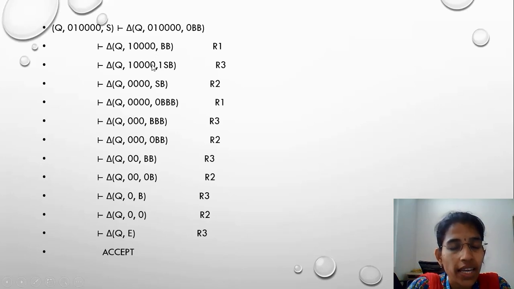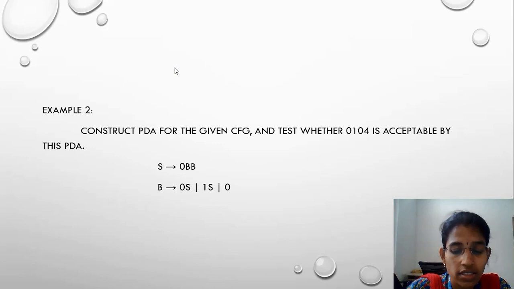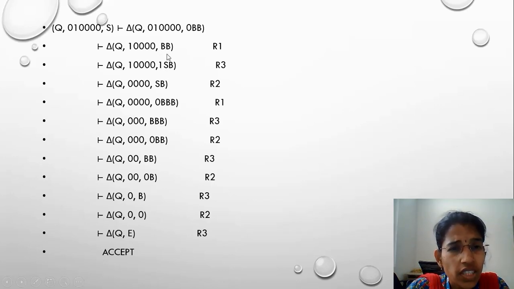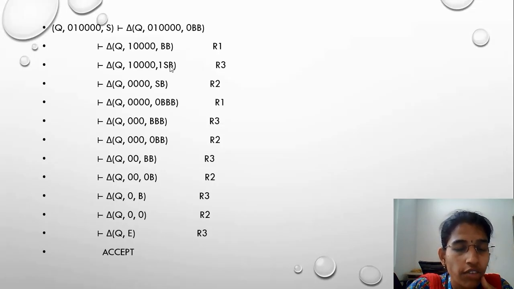Next, we apply the PDA rule for the value of B. So B tends to 1S. Here the first B is converted into 1S, and the remaining B is retained.